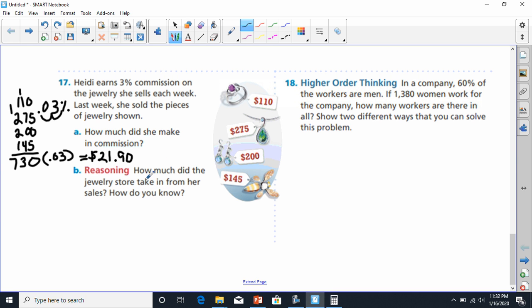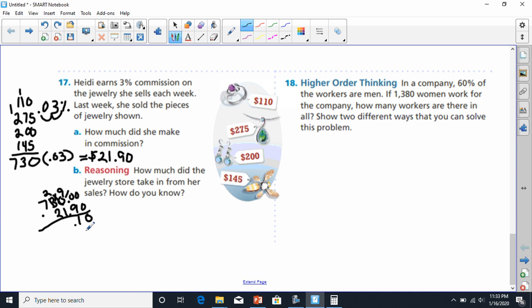How much did the jewelry store take in? Well, if she made $730 in sales and she took $21.90, let's see, this is going to be 1. This is going to be crossed out, made it 2. This over here will be a 9, and that'll be 10.